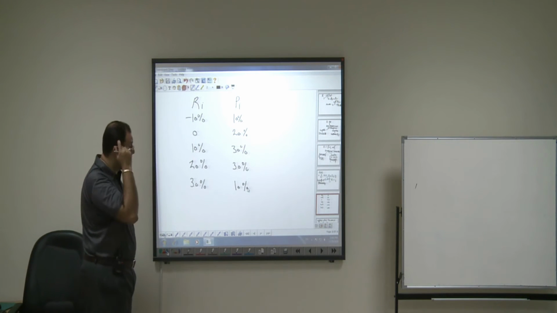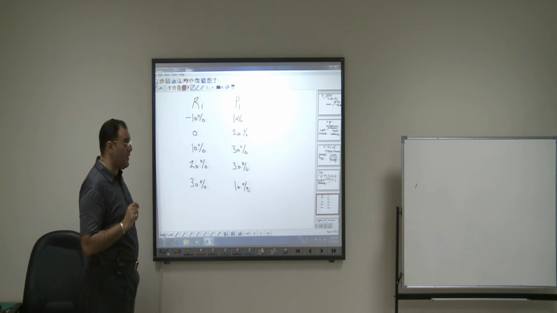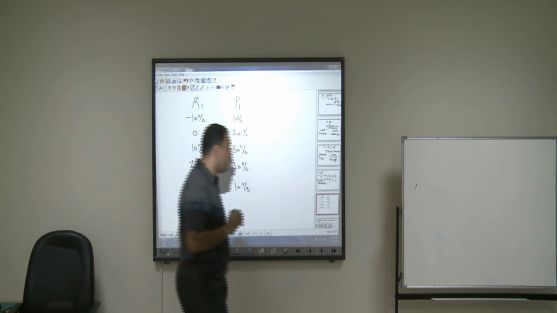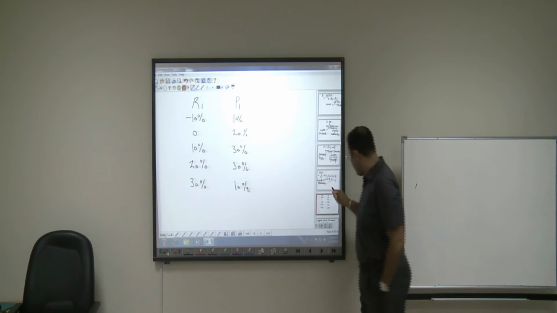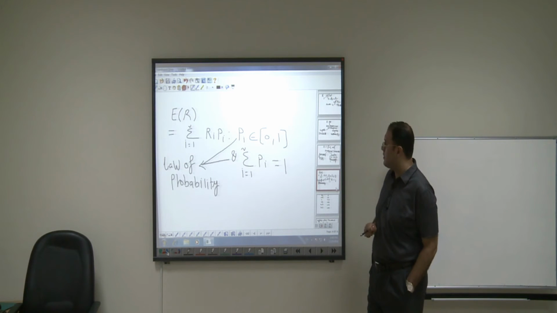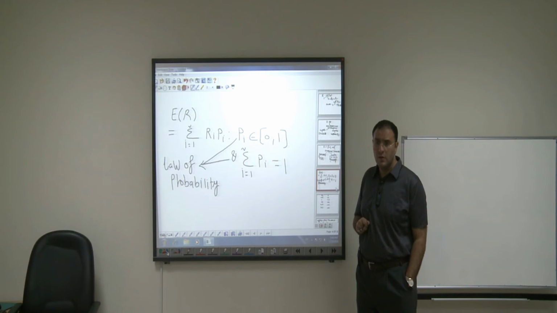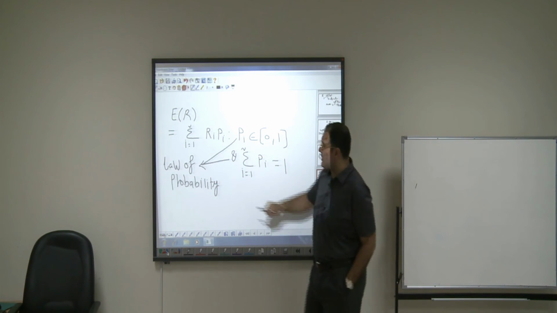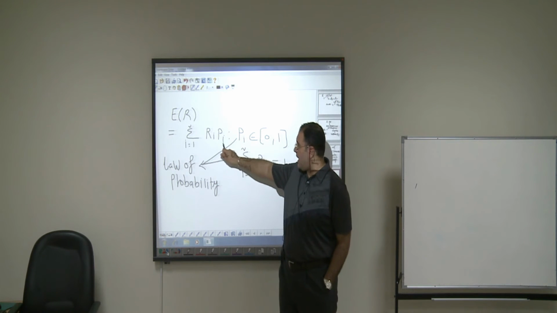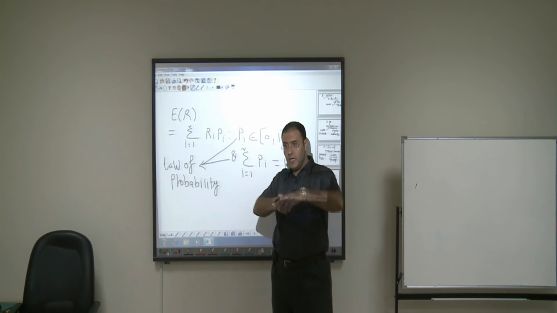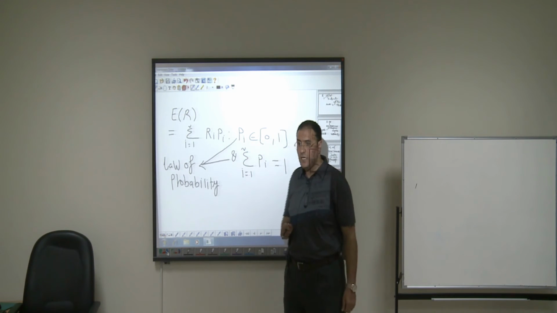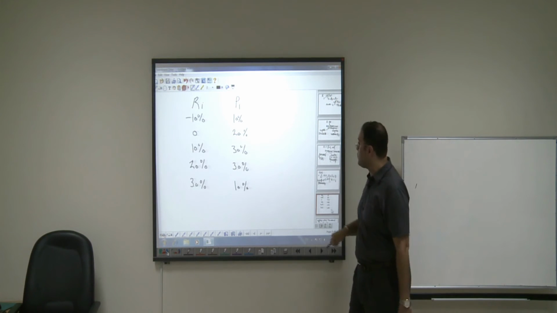So now how much is the expected value? The expected value was how much? What did I do? I multiply and add, right? I multiply Ri by Pi and add over N. So what should I do here?